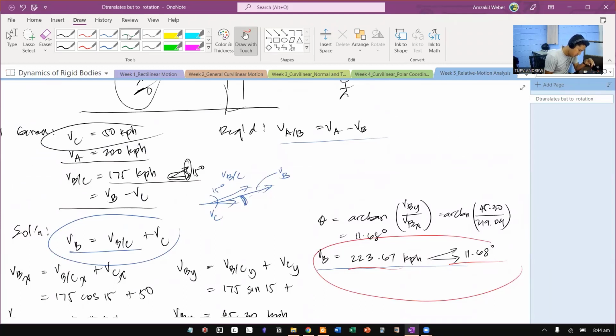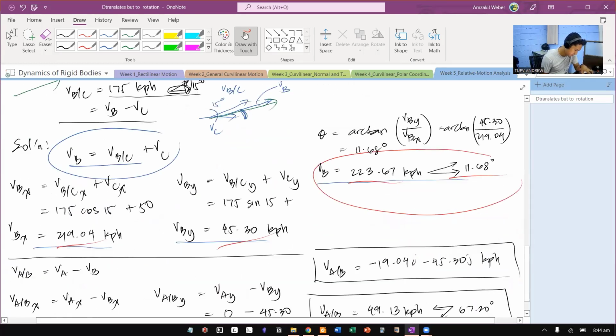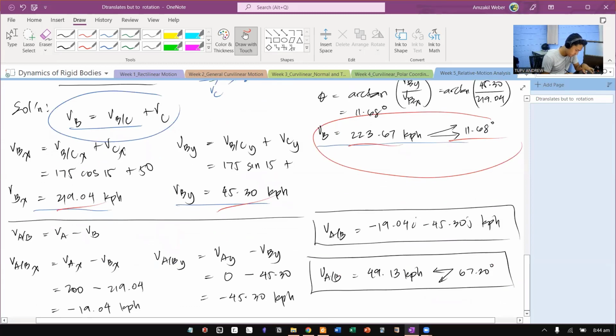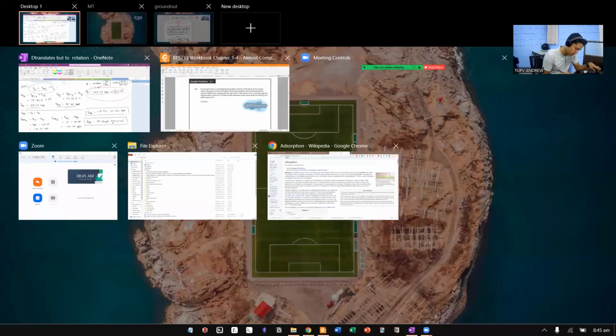VC is horizontally to the right, VA is horizontally to the right. That is VB. VA/B is this.